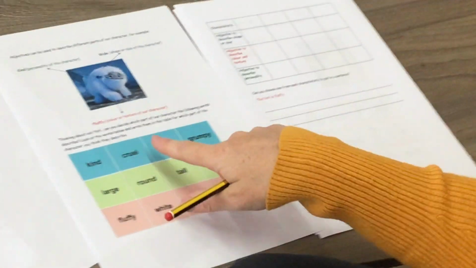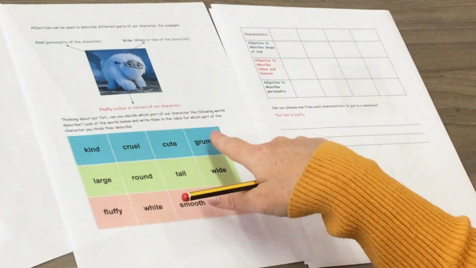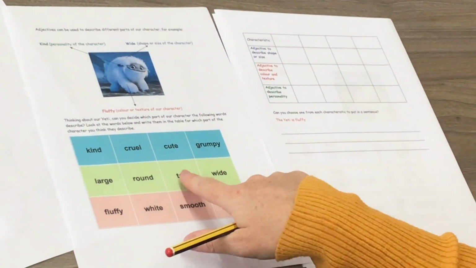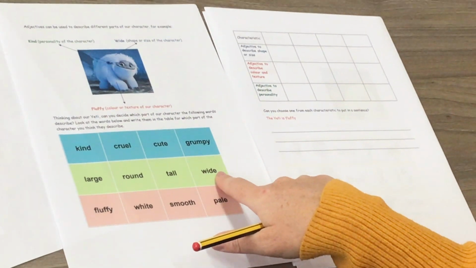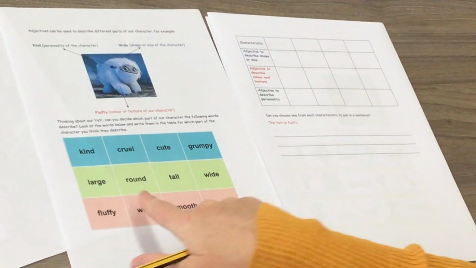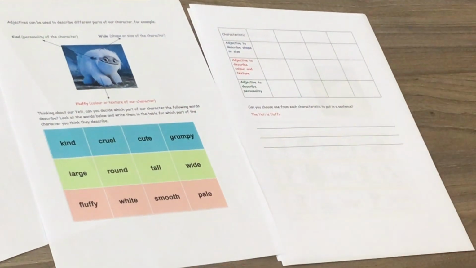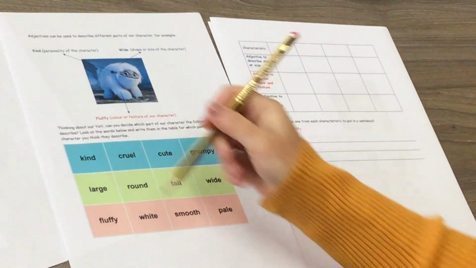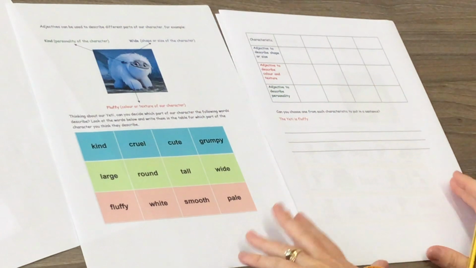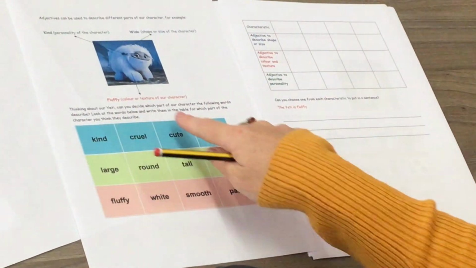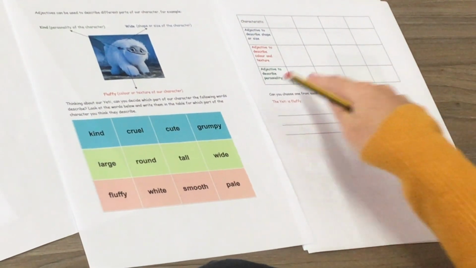Kind, cruel, cute, grumpy, large, round, tall, wide, fluffy, white, smooth, pale. So, you might want to cut them out if that helps you. But on the other page is a table for you to put these into to decide.